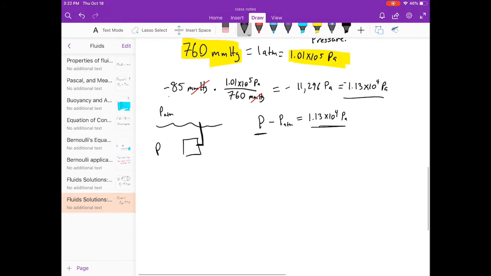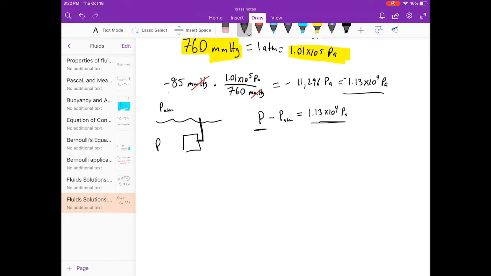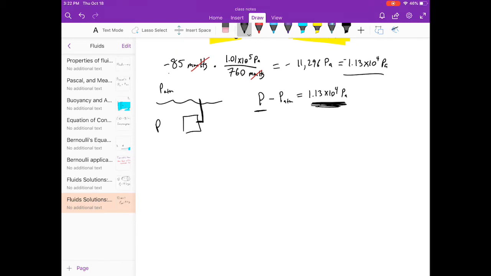So if we want to find out how deep he can be, we need to know that this pressure is where he's going to be functioning. Since we're working with pressure, we should think of our pressure equation. The pressure of the outside environment is equal to rho g h plus the atmosphere.